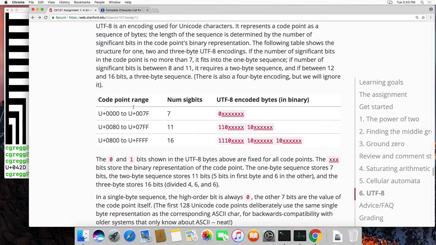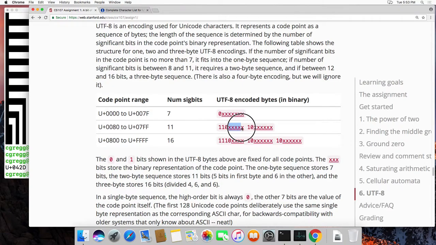Now, if it's bigger than that, if it's between 80 and 7FF, if the number of significant bits is 11 in this case, then it comes out as a 2-byte representation in UTF-8. In fact, the first byte always starts with 110, and the second byte always starts with 10. The second byte is called the continuation byte, and continuation bytes always start with 10.